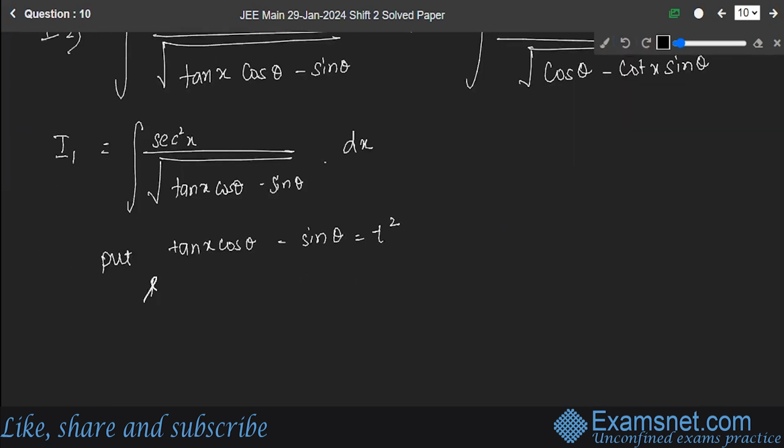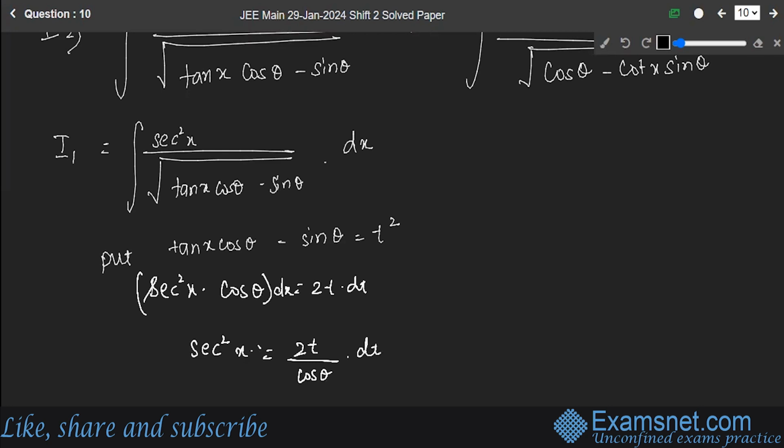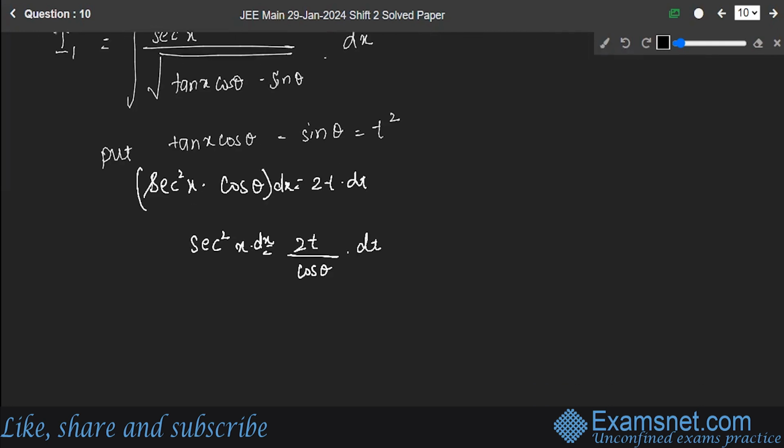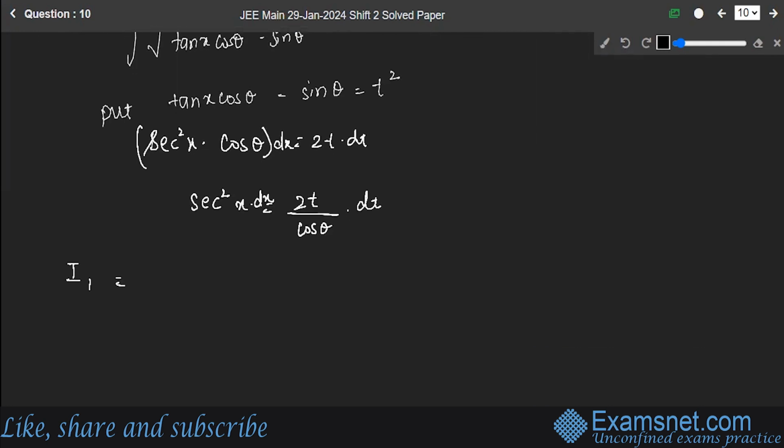So this will give me secant square x into cos theta equal to 2t dt, multiplied by dx. So secant square x dx is equal to 2t upon cos theta into dt. Now this integral I1 will be equal to the integral of 2t dt upon cos theta upon t.